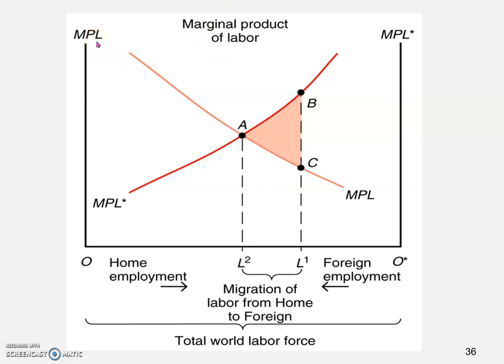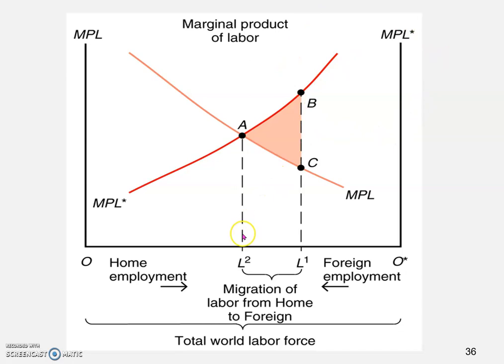So here, the vertical axis on your left-hand side is the marginal product of labor, MPL in home. On your right-hand side, MPL star, that's the real wage in foreign.